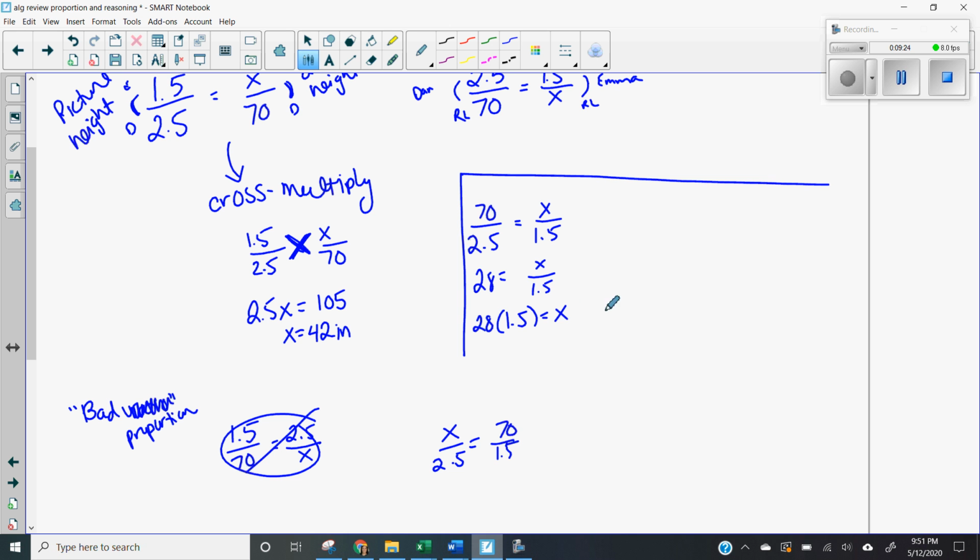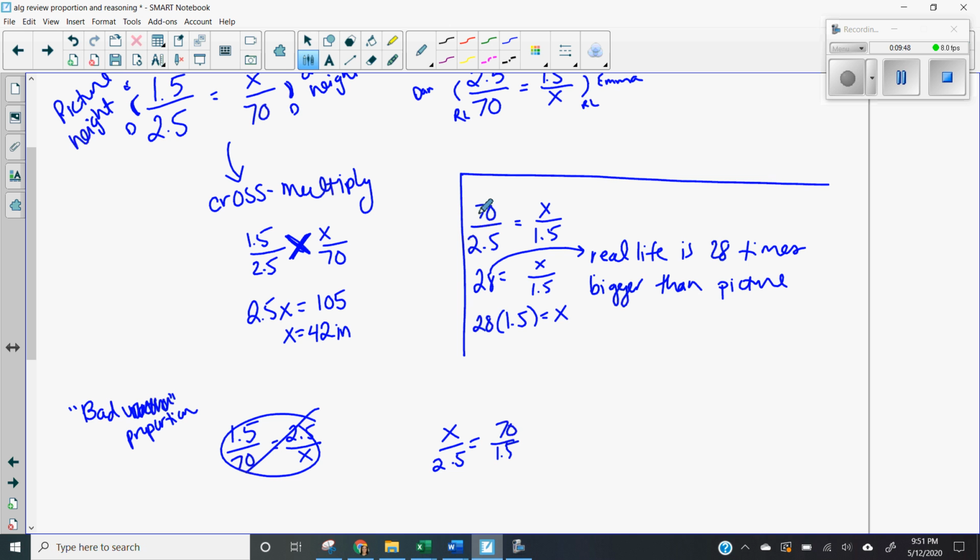Okay, what this is saying, this 28 here, and this sort of gets lost in the cross multiplication step. That number never really shows up. But this is telling us that real life is 28 times bigger than the picture. Right, that's what this left-hand side ratio could tell us.